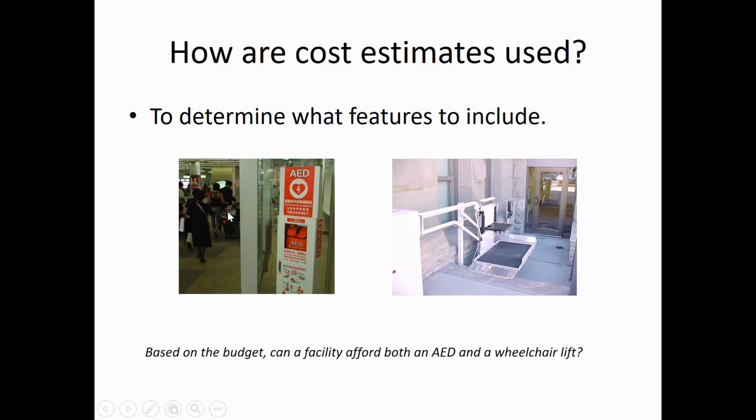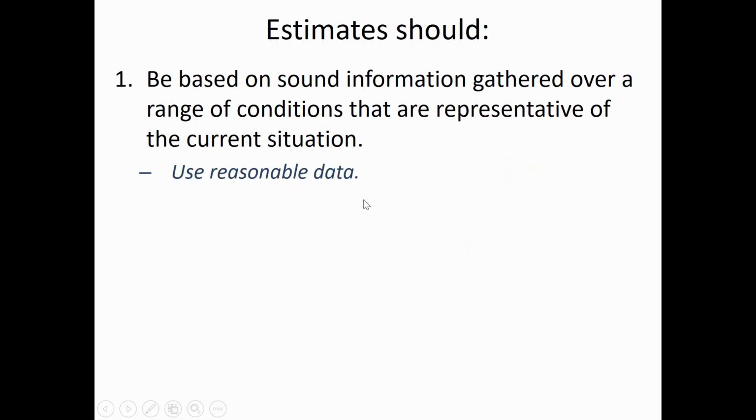You see them in airports and malls sometimes. So if you have a budget limit, do you spend your money on a defibrillator or on a wheelchair lift? Because you don't have unlimited funds and sometimes you have to prioritize. So cost estimates can be used to make decisions like that, or they can feed into decisions like that.